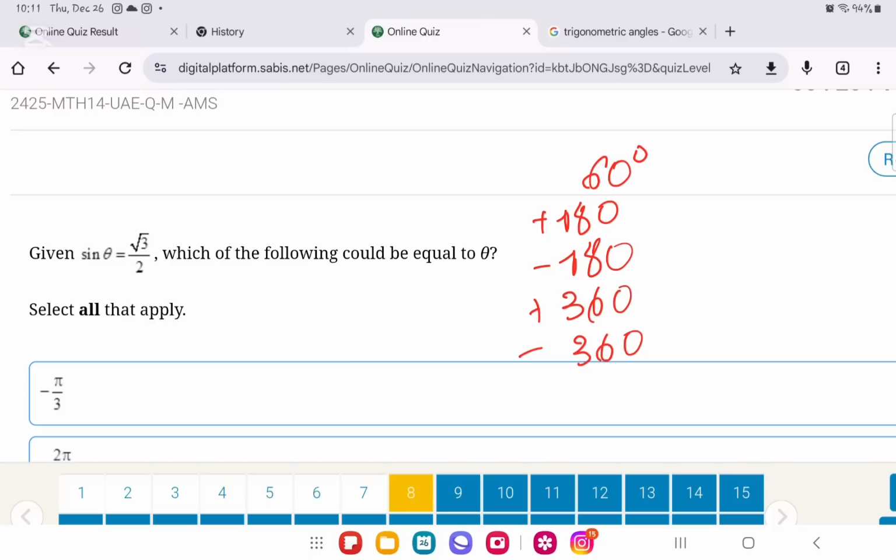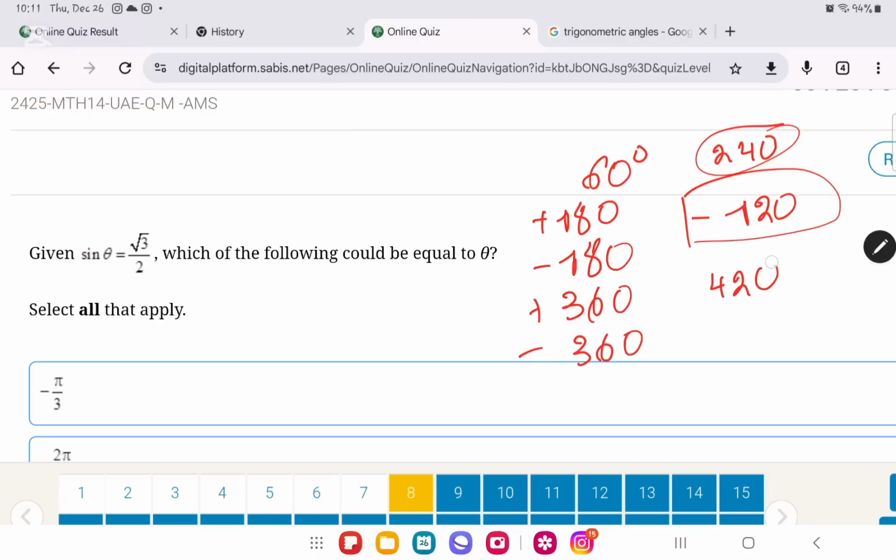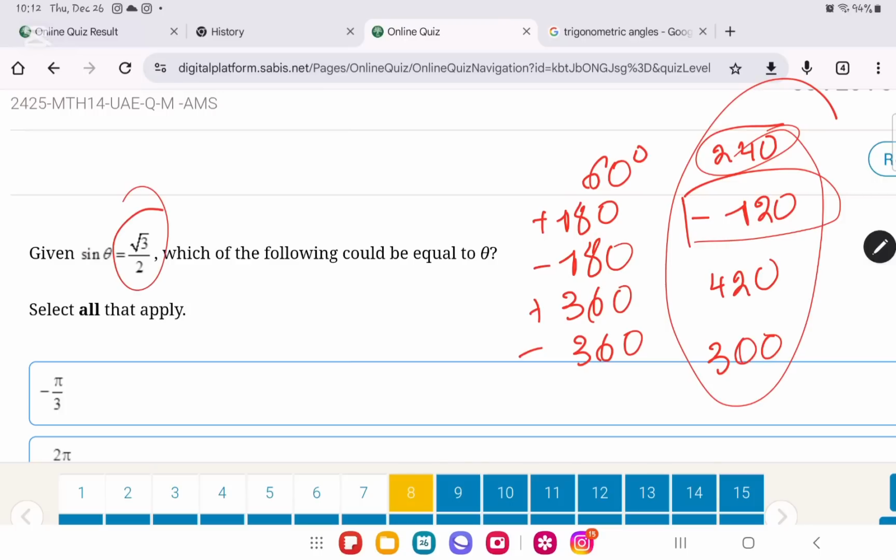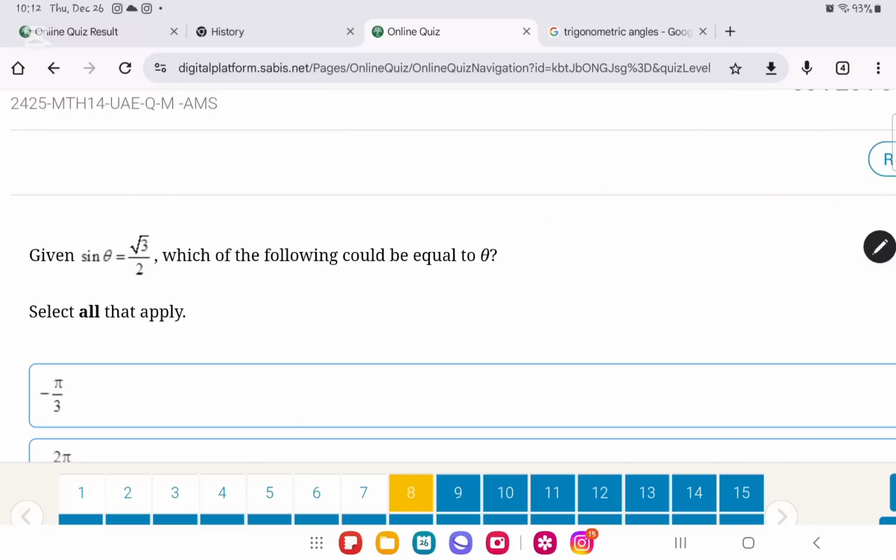So in this case, it can be negative 120, or 240, or 420, or 300. So any of these values, identities, can also work for this, I'm assuming.